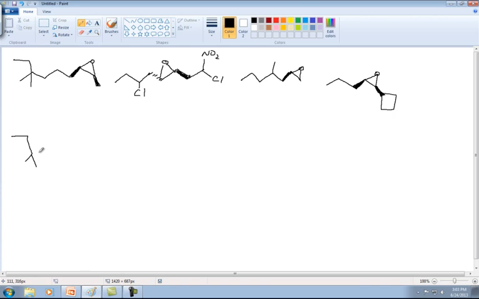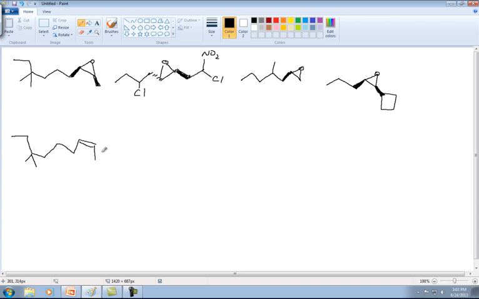And that really is just a matter of copying it and then replacing the O with a double bond, and then making sure that the stereochemistry of the alkene matches the stereochemistry of the epoxide. So this is cis because they're both coming out, which means the double bond here is going to be cis as well.